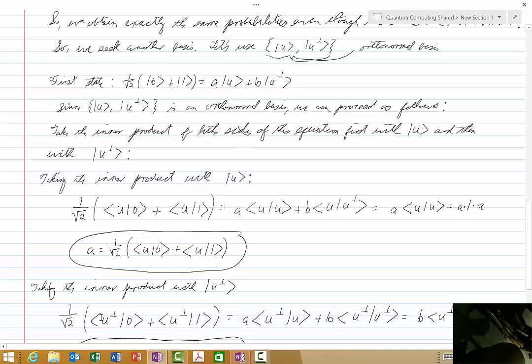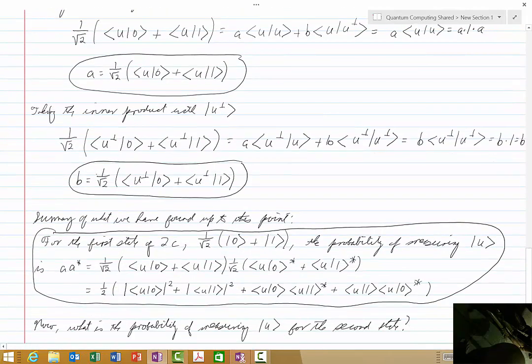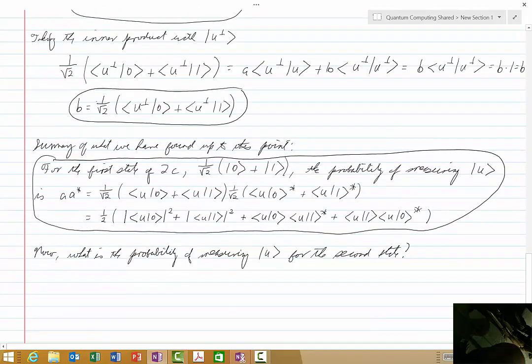And we found out what a was, and likewise we found out what b was. Even though, as I argued, we really don't need b too much, because we don't have to calculate that second probability. Once we calculate the probability of obtaining u as a measurement, then we know what the probability of obtaining u complement, or u orthogonal, is. It's just 1 minus that. So we'll do the same thing down here a little bit more quickly, but we won't rush through it.